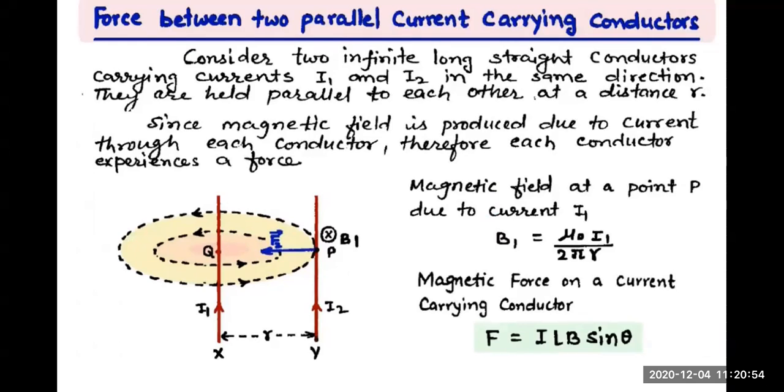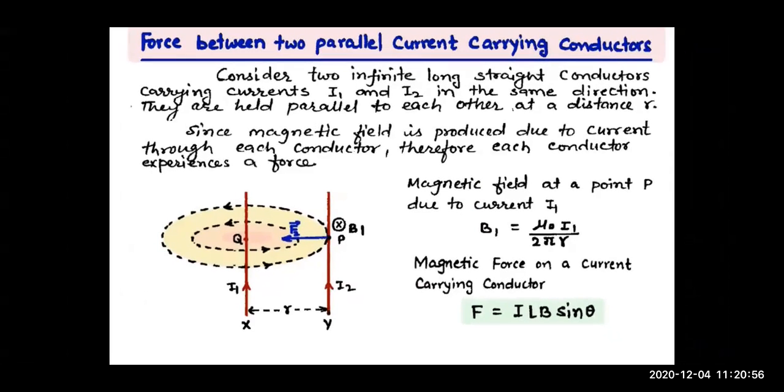These are our two very long wires. This is wire 1, this is wire 2. We have named them as X and Y, right? Now the current that is flowing in wire X is I1 and the current that is flowing in wire Y is I2. And the direction of the current in both the wires is the same. The wires are kept at a distance of R between the two.